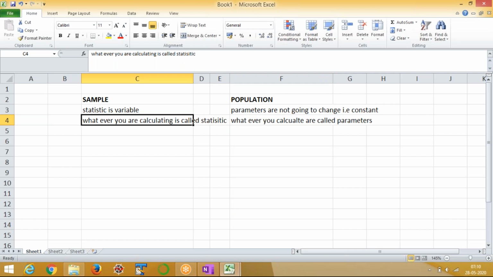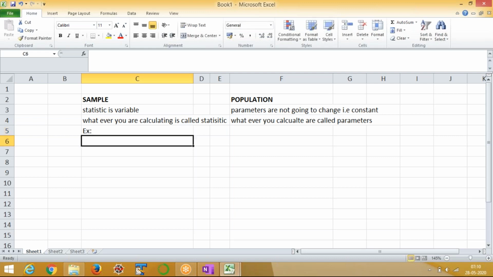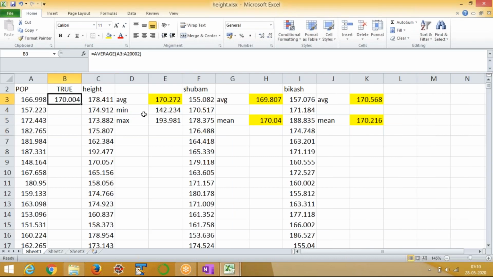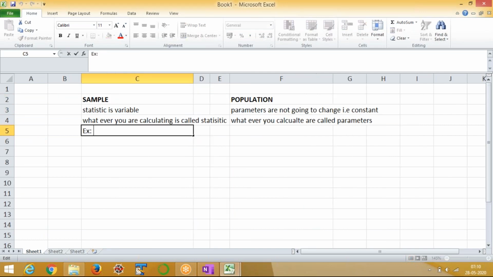Agree? So as examples of statistics, in the previous example I calculated minimum, maximum, average. I can calculate minimum, maximum, average. There is also something called standard deviation. What is standard deviation? We are going to see in the coming classes.